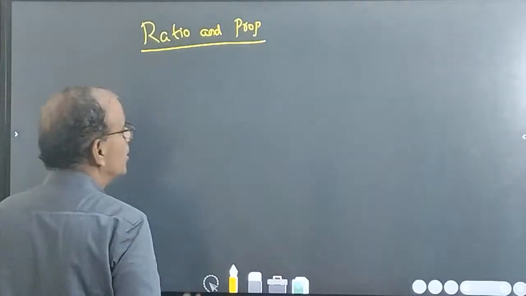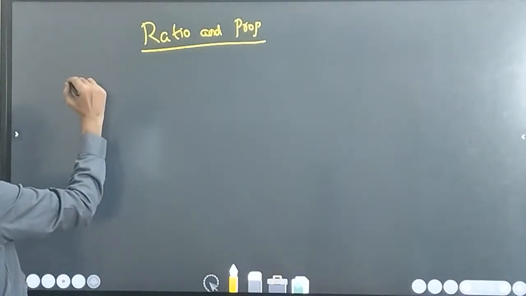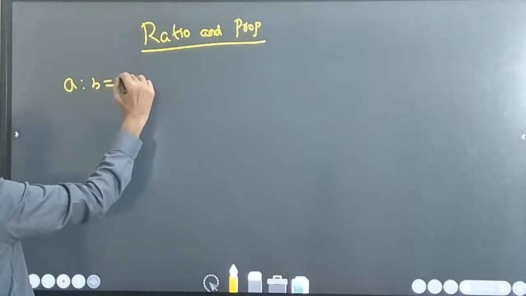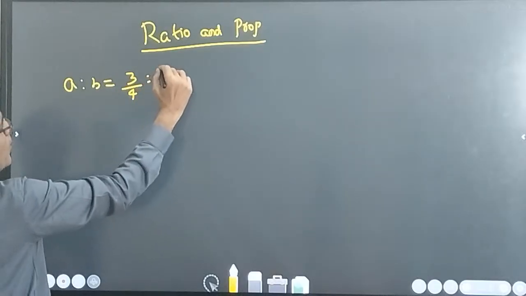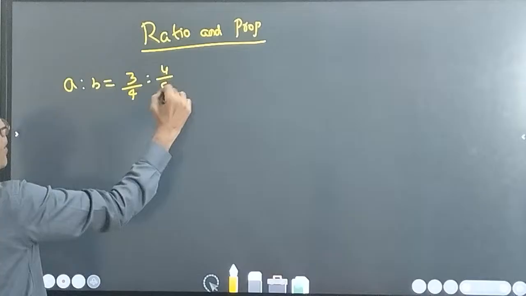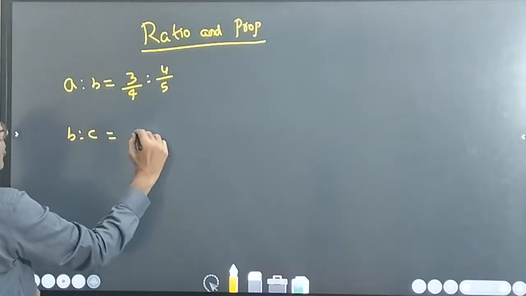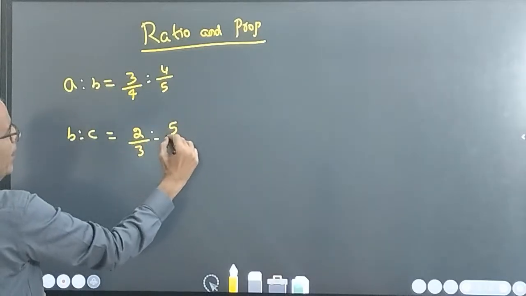Here in ratio and proportion, what questions come? Suppose they say A is to B is 3 by 4 is to 4 by 5, B is to C is 2 by 3 is to 5 by 7.